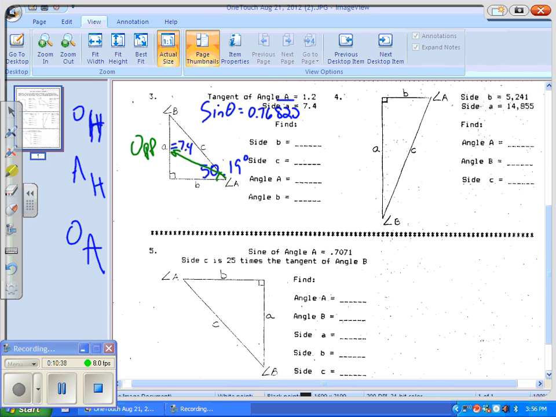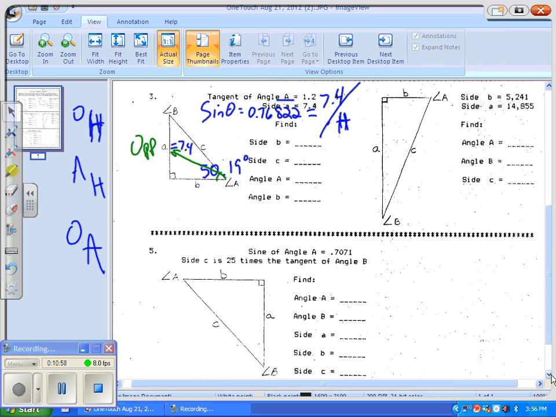We don't know what the hypotenuse is, but we do know the side opposite. So let's take that out. We're going to put in 7.4 over the hypotenuse is equal to 0.76.